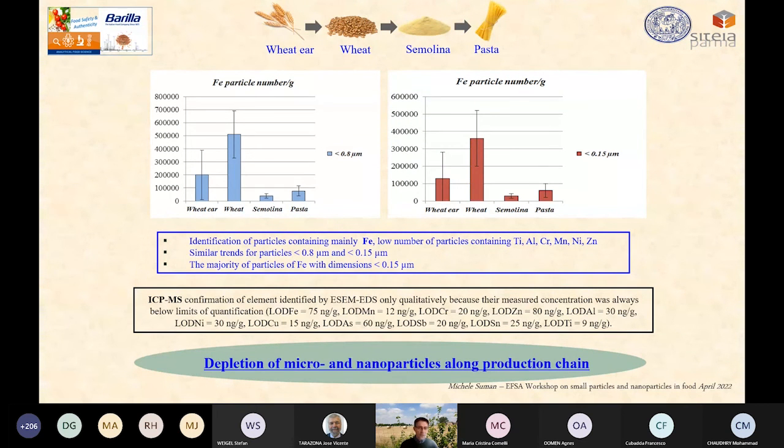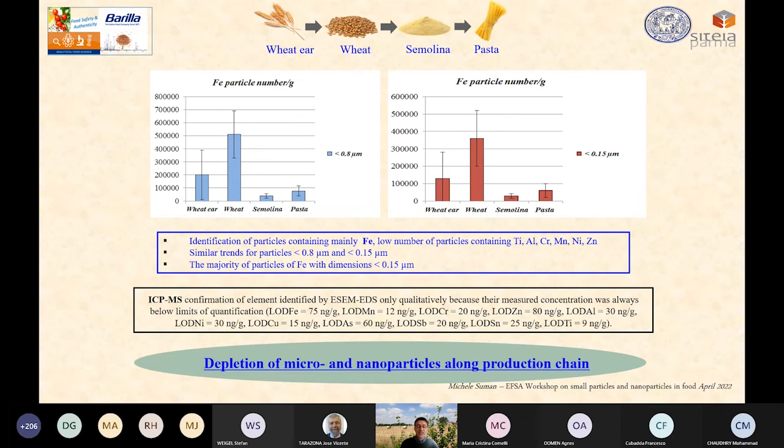If you look at the different steps of the chain, moving from the wheat to the correspondent semolina and pasta products, considering two different fractions, one lower than 800 nanometers and the second lower than 150 nanometers, the particles were mainly made of iron, as said, and a much lower number of particles were represented by titanium, aluminium, chrome, etc. The same results in terms of qualitative identification were also confirmed by the correspondent ICP-MS analysis with respect to the counting and identification obtained by scanning electron microscopy.